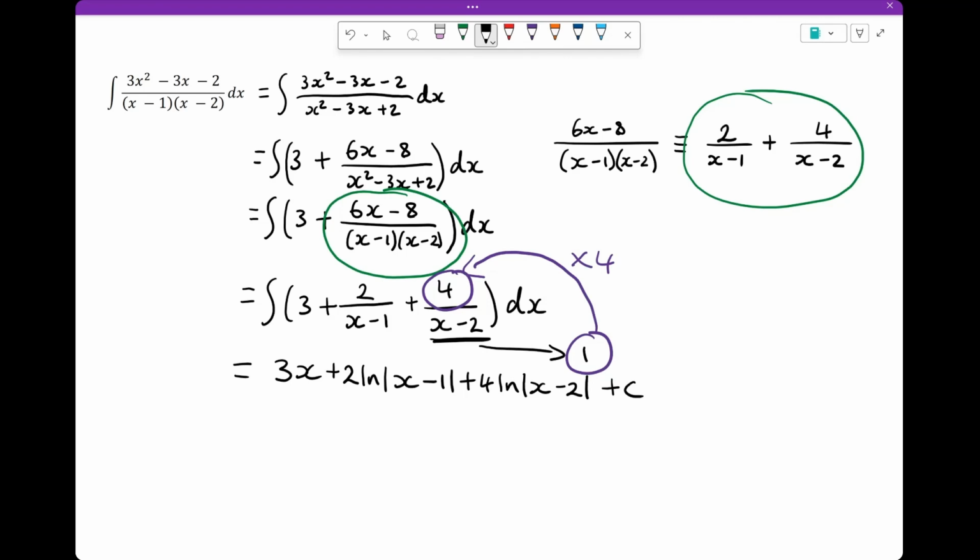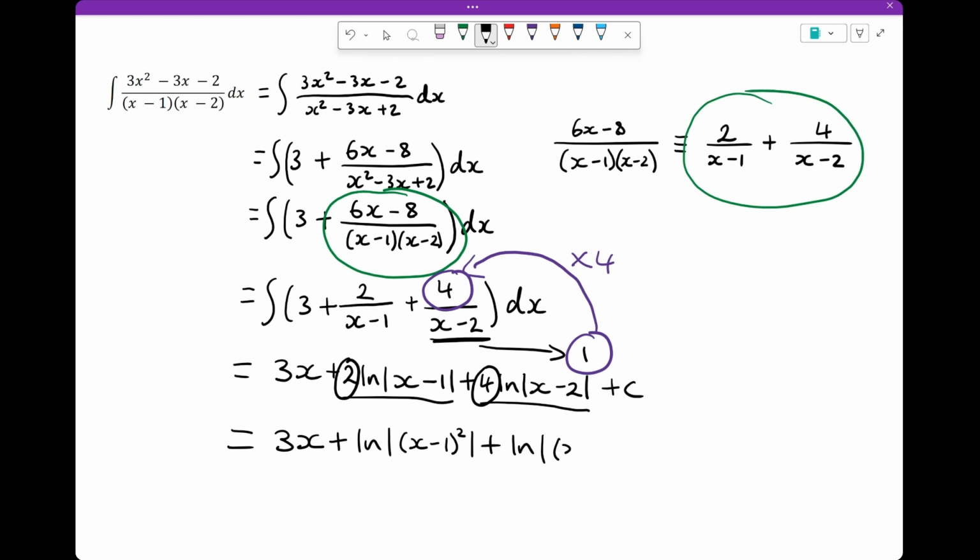Now, the last thing we might do is try and combine our two natural logarithm terms. So the first thing I'm going to do is bring in the 2 and the 4 as a power. So we would have 3x plus the natural logarithm of the modulus of x subtract 1 squared, and then plus the natural logarithm of the modulus of the x subtract 2 raised to the power of 4, like that, and then plus c.